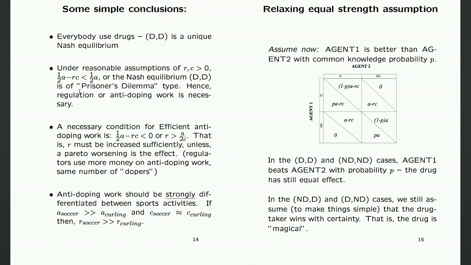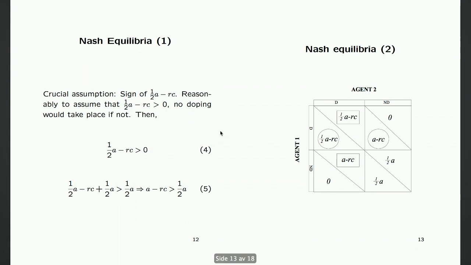If R and C is positive, we subtract something positive from half an A. So this one would be smaller than this one. And this is kind of interesting, isn't it? Because it means that this term here and this term here is smaller than these two terms. So if these two agents could have negotiated the solution of not using drugs and actually follow that up, then they would end up down here, which is a nicer outcome for both athletes than this one.